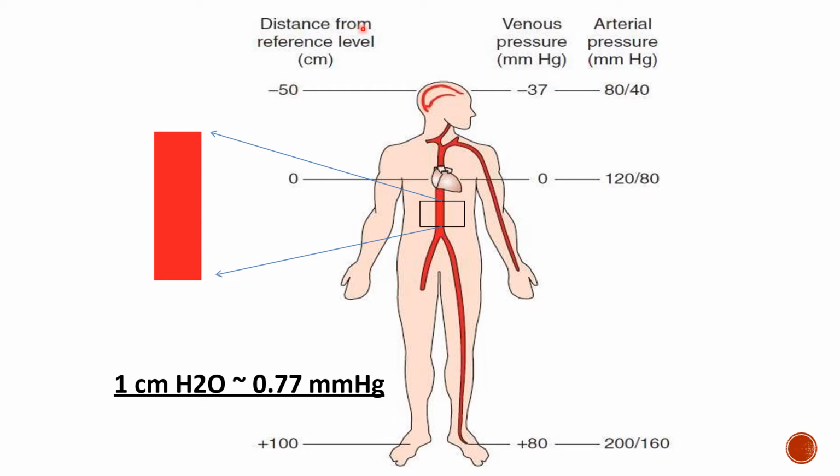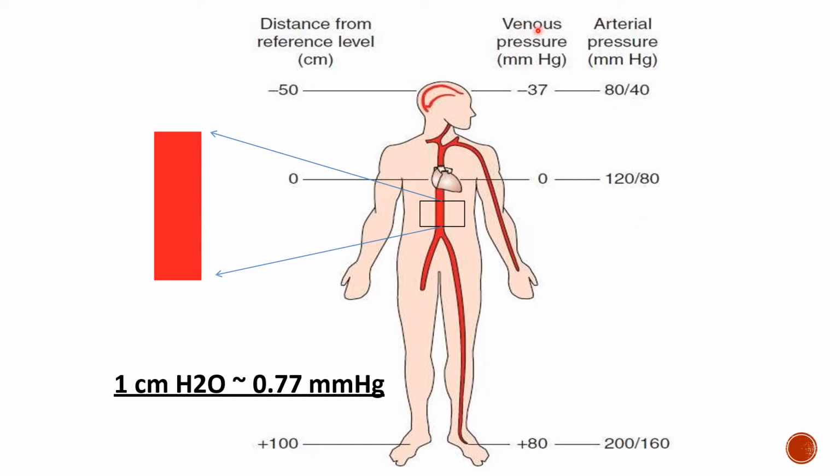So here is the distance from the reference level. Suppose this is at 0, above the reference level the head is at a distance of minus 50 centimeters, and from the 0 reference level the foot is placed at 100 centimeters distance.